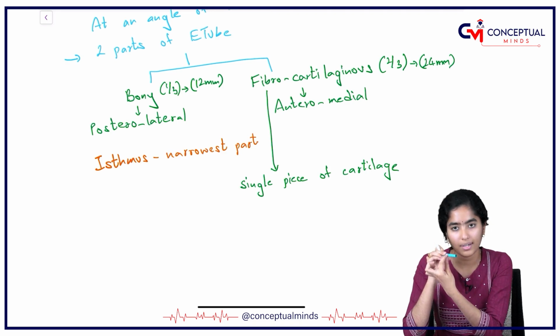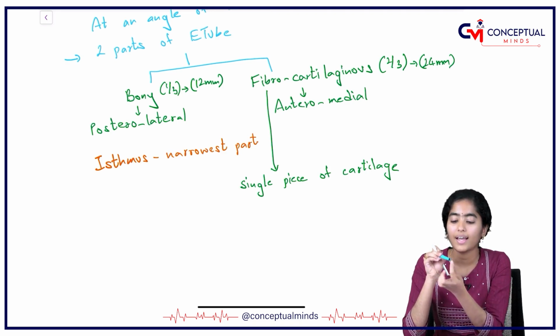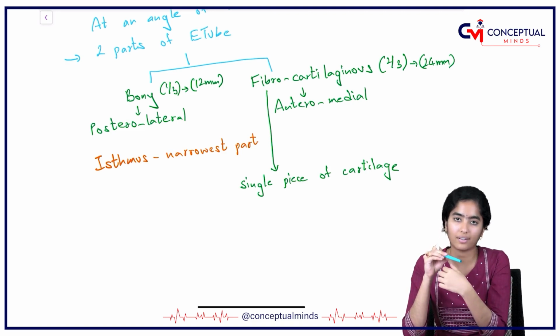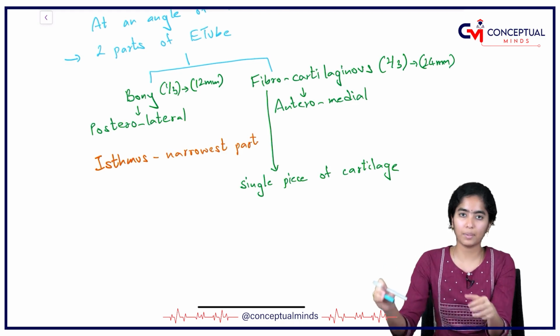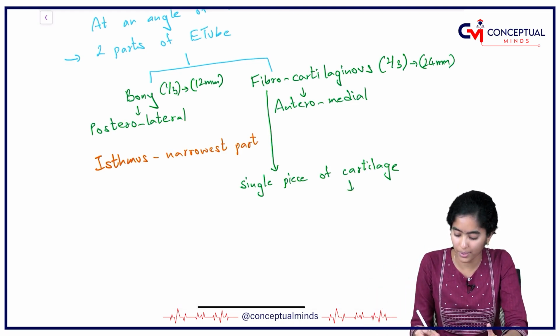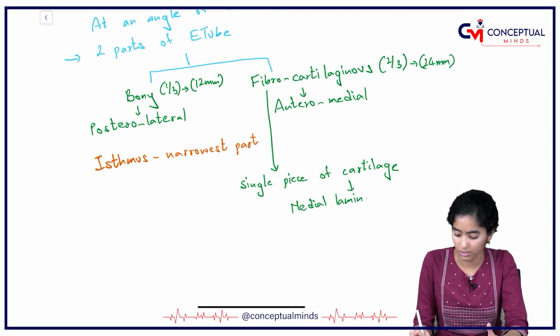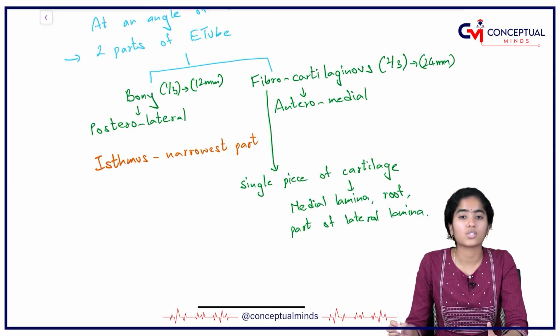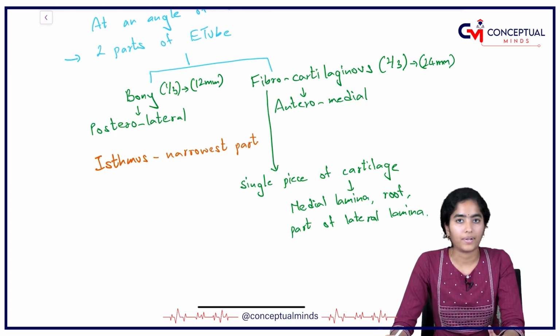The rest of it, the entire medial lamina plus the roof plus a small part of the lateral lamina, is made up of a single piece of cartilage. The rest of the lateral lamina is formed by a fibrous membrane.